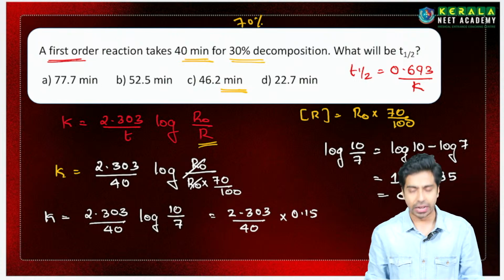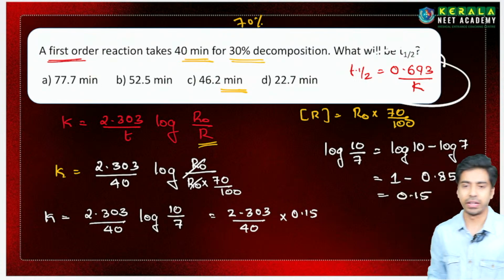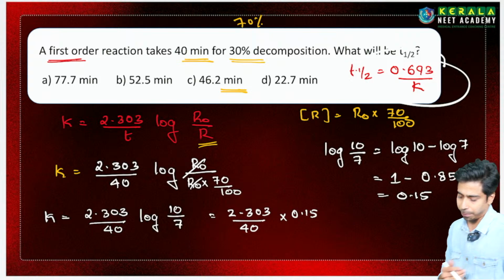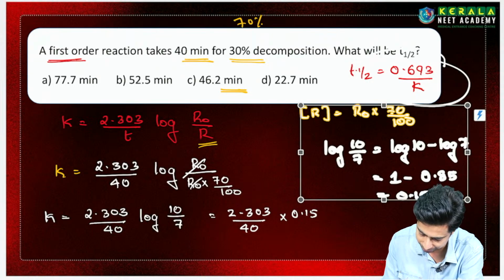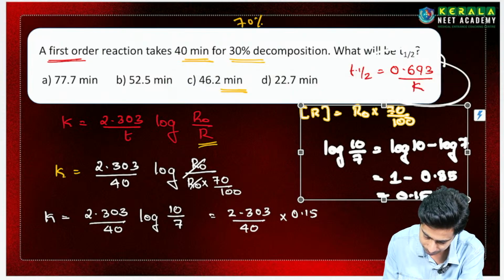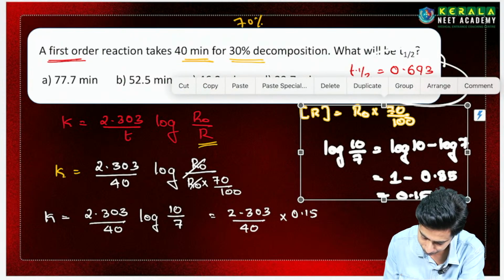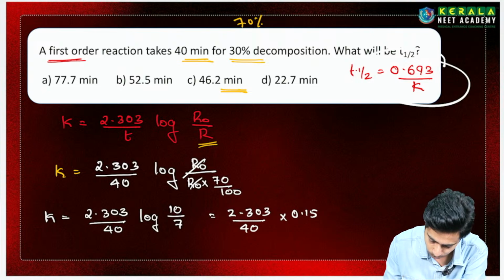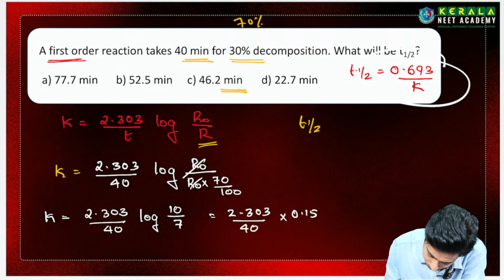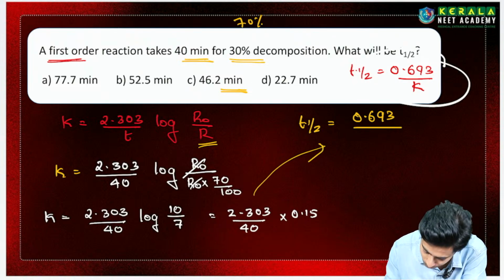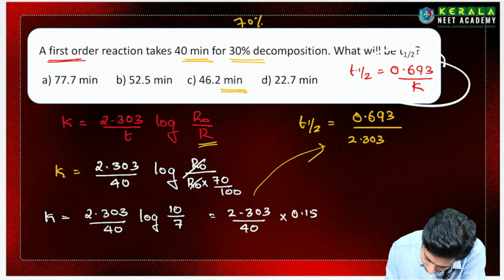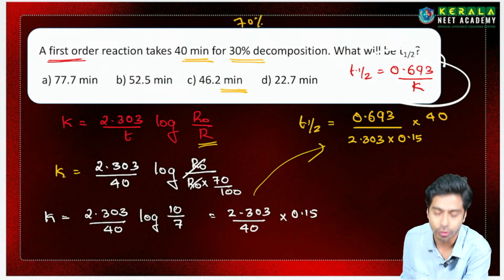Now we have to calculate T half. T half is 0.693 divided by K, so I'll apply the value. T half is equal to 0.693 divided by the value of K. Substituting, 2.303 into 0.15 divided by 40, and it becomes into 40.